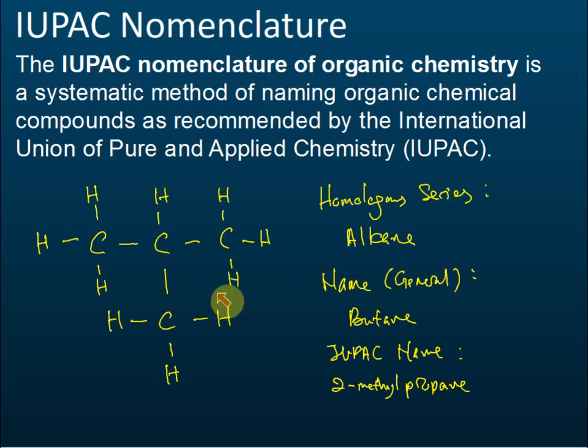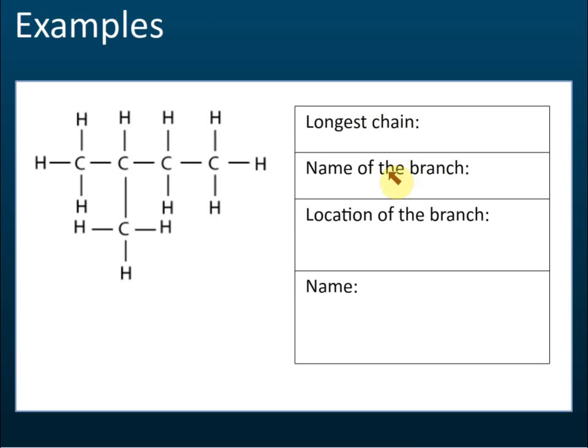It tells the branch, the name of the branch, and where the branch is. We are going to learn that later. IUPAC stands for International Union of Pure and Applied Chemistry. Example: how to give the IUPAC name of an alkane.